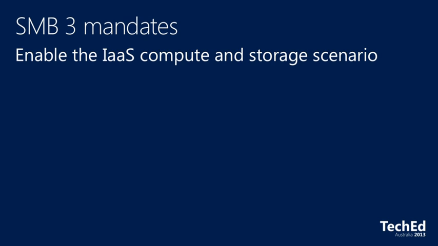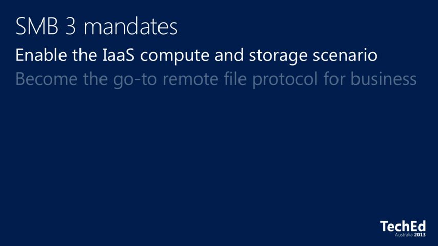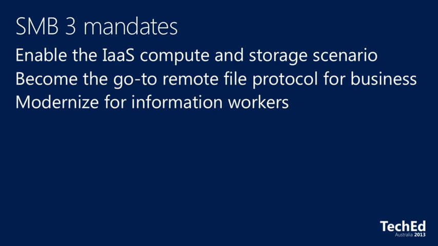So we want to enable this infrastructure-as-a-service scenario. We want to be the go-to protocol for file transfer. We don't want to crush iSCSI and NFS, but we want to be the one that people want to use, SMB. And we want to modernize ourselves for information workers. I'm going to talk a lot about stuff that you're going to hear cloud people talk about. I'm not for or against cloud.